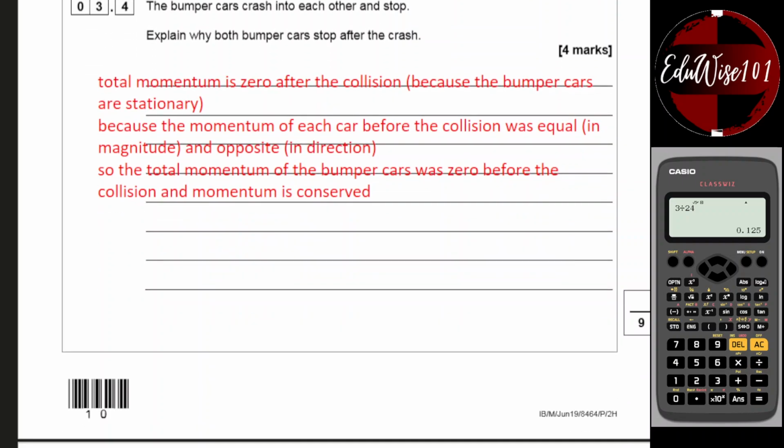Another way of writing the answer would be to say total momentum is 0 after the collision because the bumper cars are stationary. That's one mark.